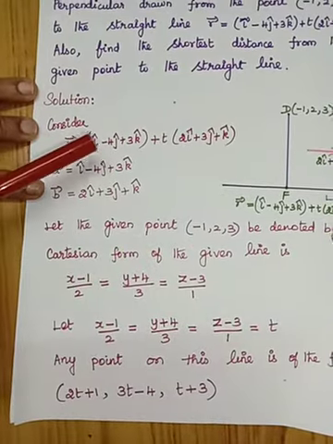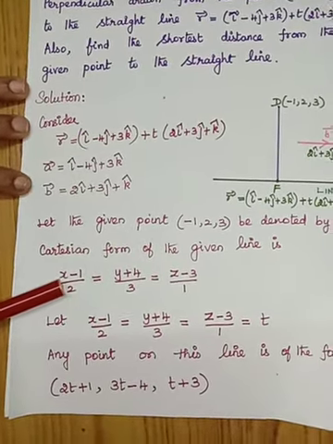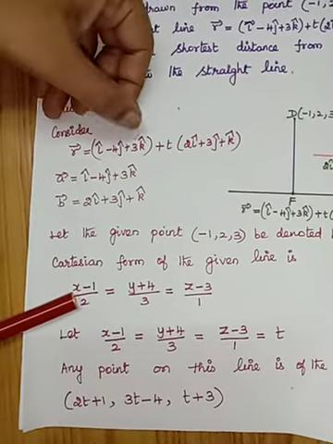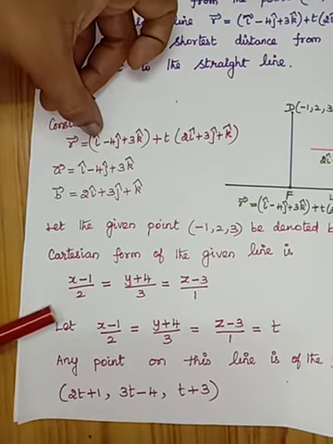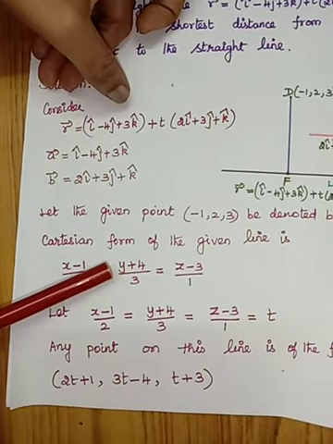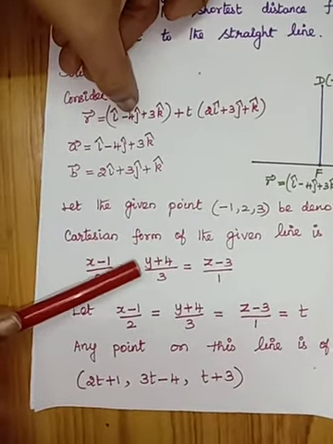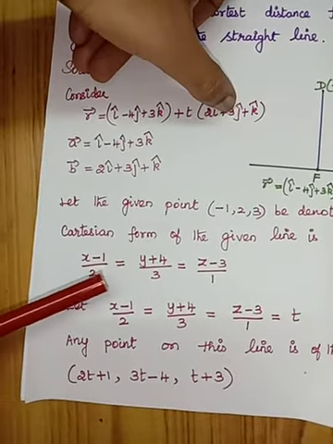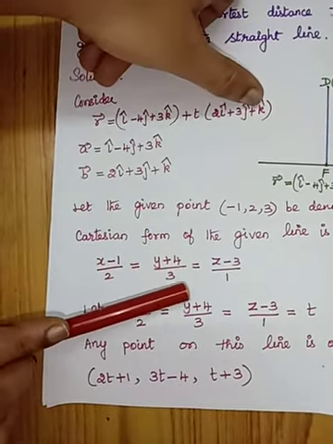So you have to convert this vector equation of the line into Cartesian form. So this is x1, y1, z1. So it is (x minus 1) divided by 2 is equal to, next one, what? y minus 1, so y minus of minus 4, so (y plus 4) divided by 3, which is equal to (z minus 3) divided by 1.